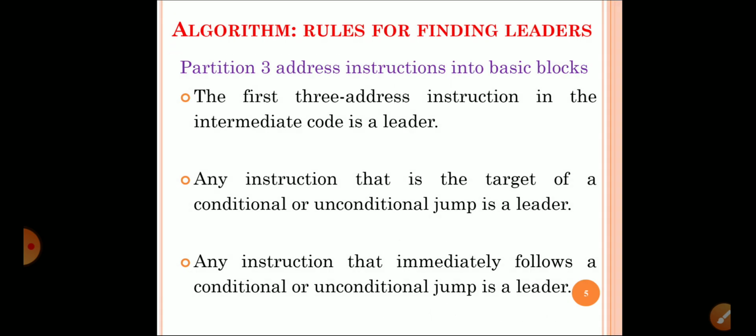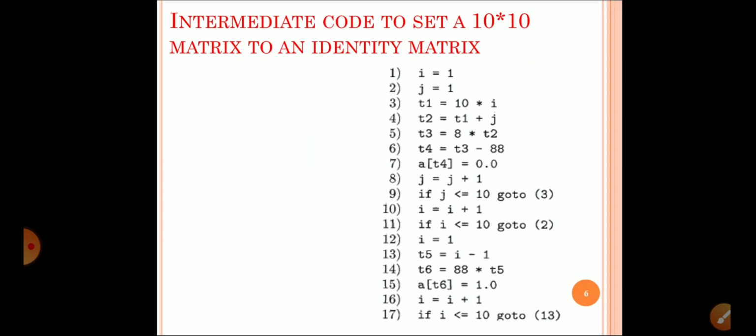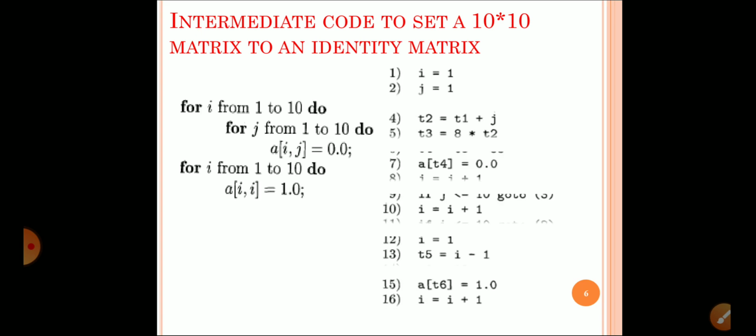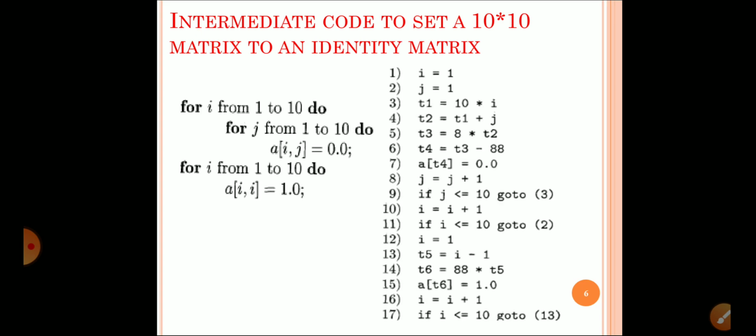Any instruction that is the target of a conditional or unconditional jump is a leader. If we apply rule 2 here, we get that the targets of these jumps are leaders, and those instructions are 3, 2 and instruction 13 respectively.